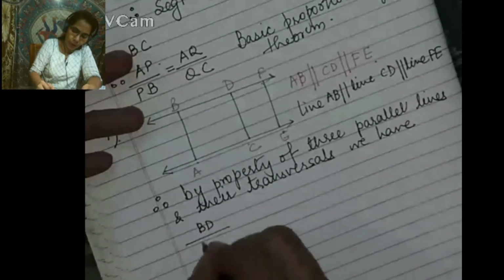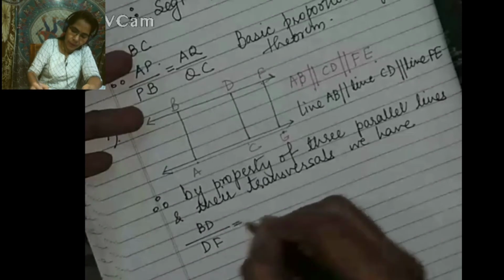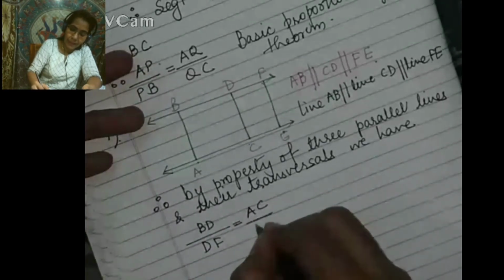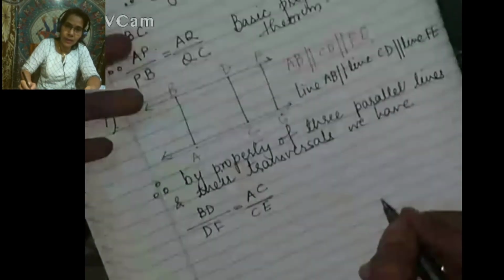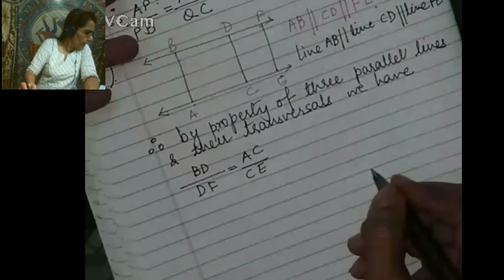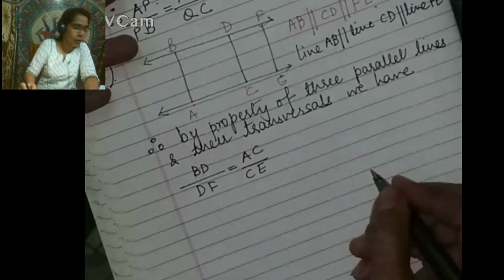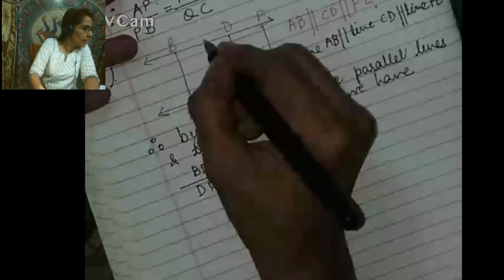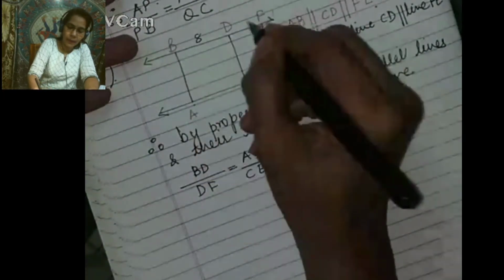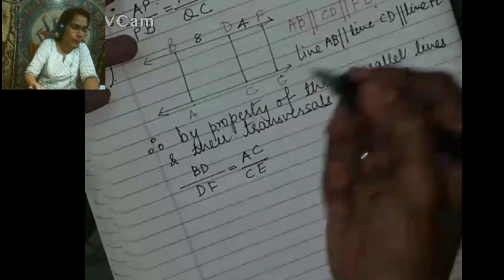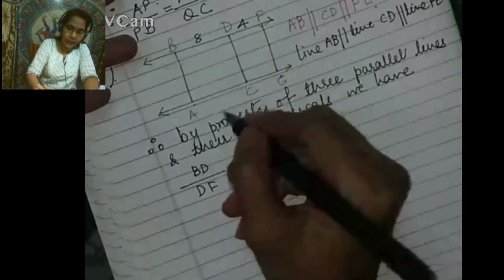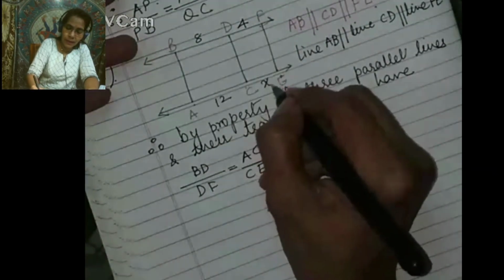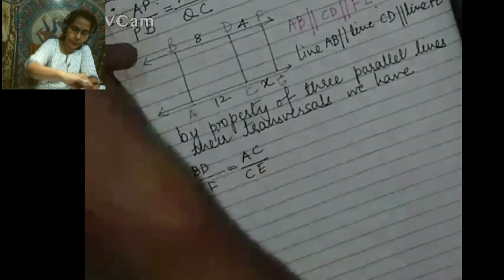BD upon DF is equal to AC upon CE. They have given us the measures. BD is equal to 8, DF is equal to 4, AC is 12, and CE is X.